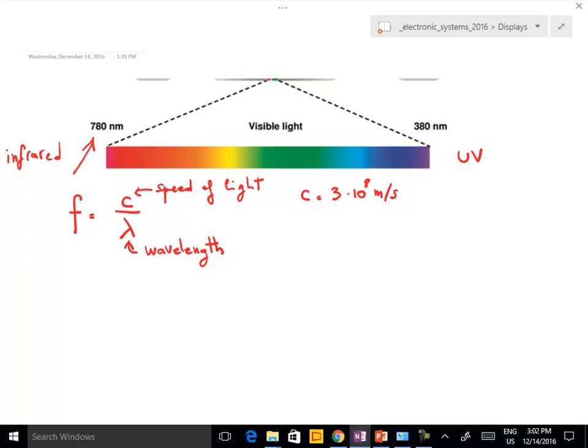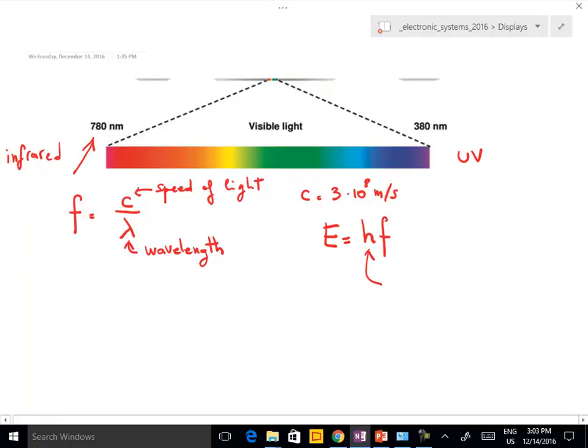We can see light as a wave, or we can see light as a bunch of photons moving at a velocity equal to c. And each photon is a particle moving at the velocity of light and carrying an energy corresponding to the frequency of the electromagnetic radiation. So this energy is equal to Planck's constant, which is denoted by h, times the frequency.